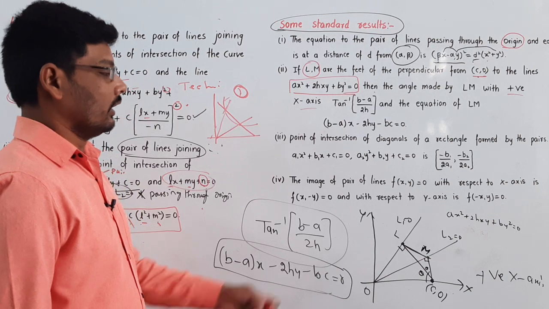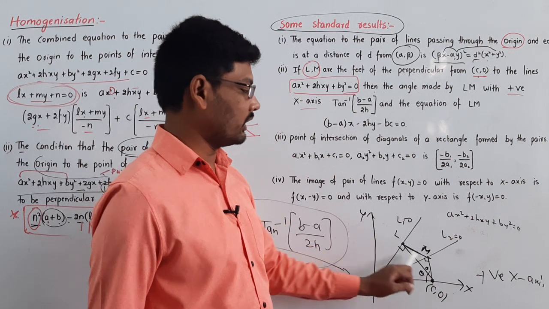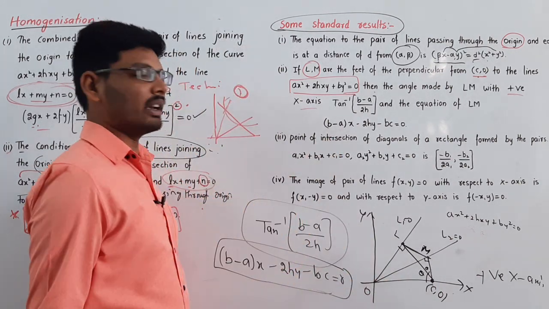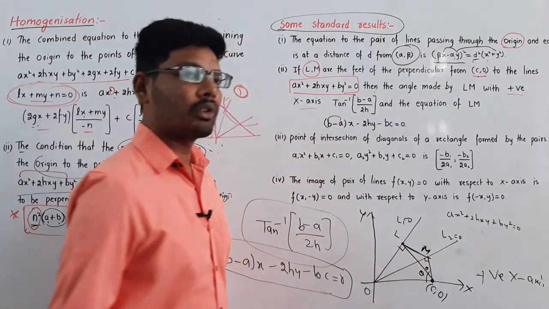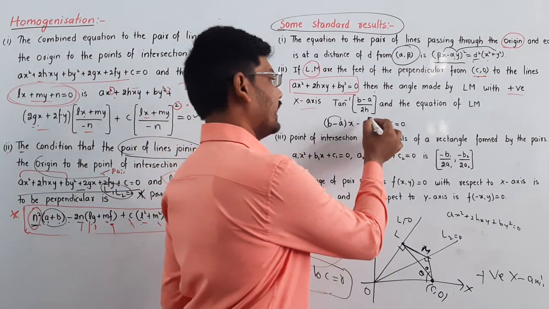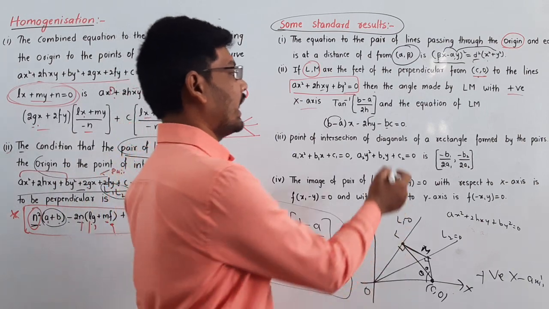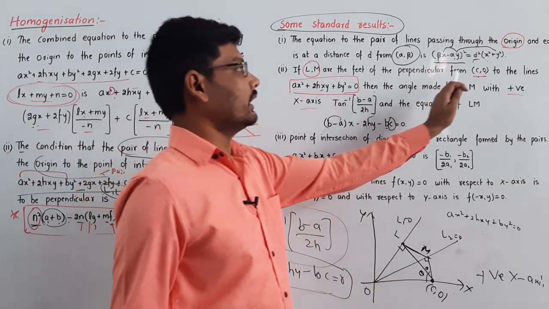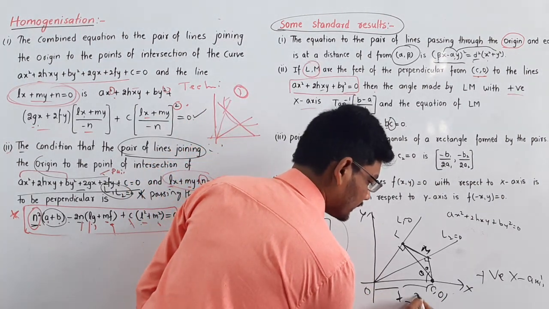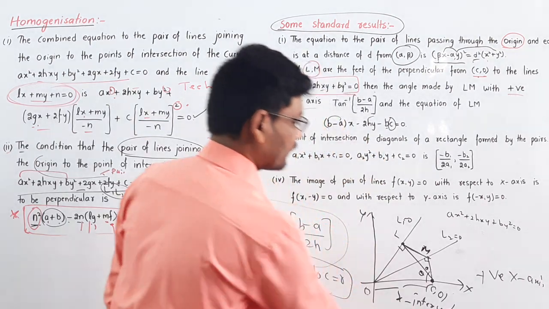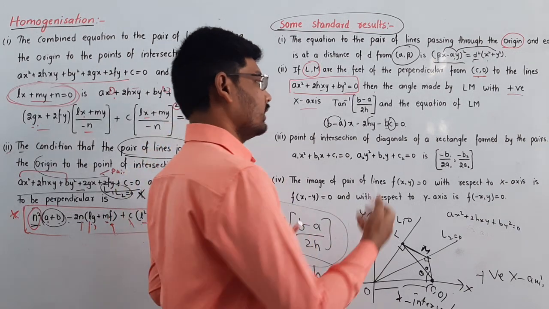Here we have 2 points, so we can find the equation between L and M. Here a, b are the coefficients of x square and y square, h is the coefficient of xy, b is the coefficient of y square, and c is the point which is given, the x intercept. We need to substitute the x intercept. This is a point to remember. This is not a constant.